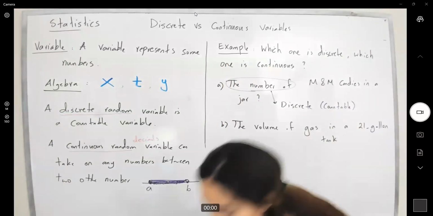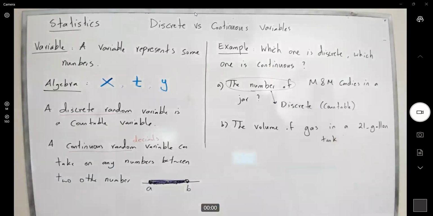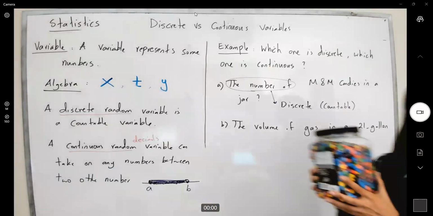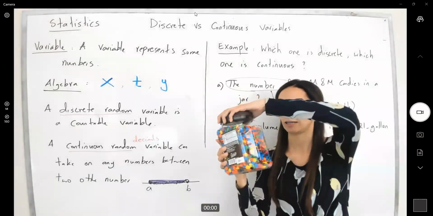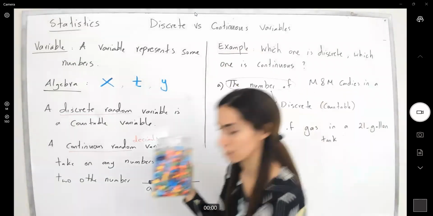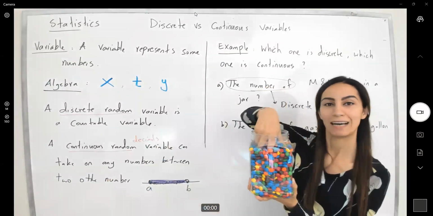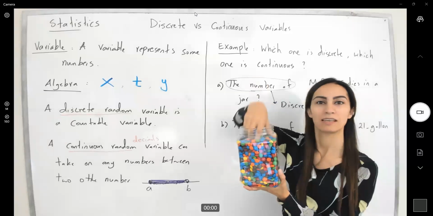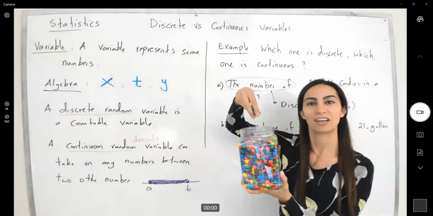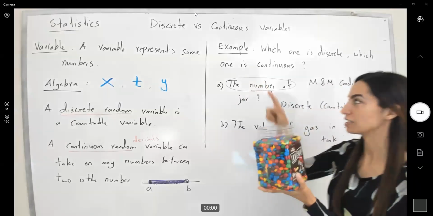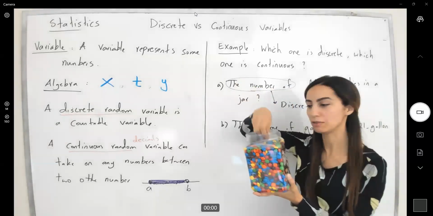But if you think about the M&M candies, I can open the lid and start counting how many of these candies I have here. Discrete, countable.